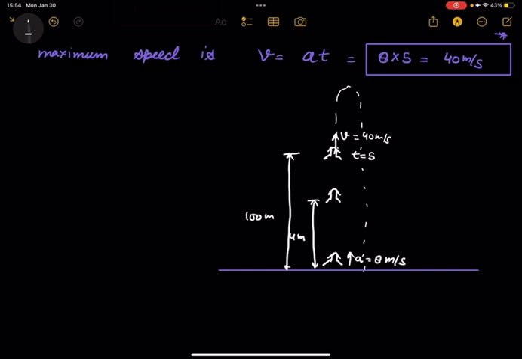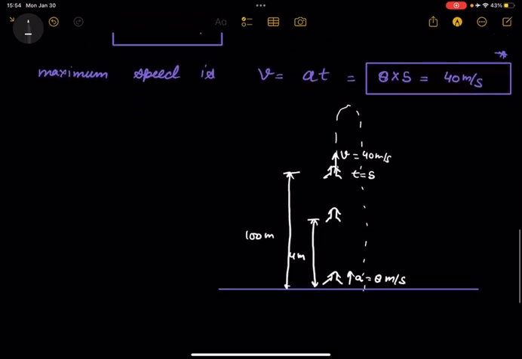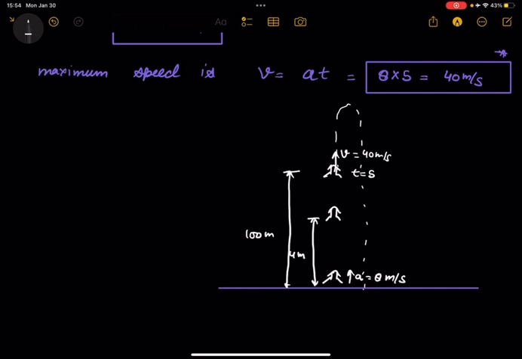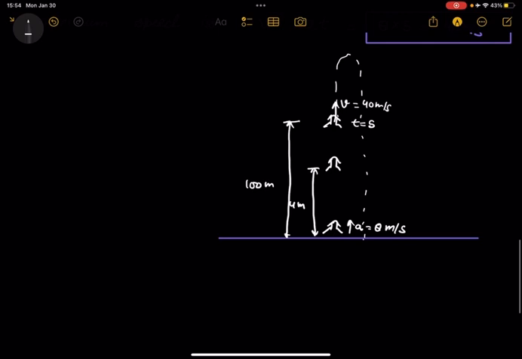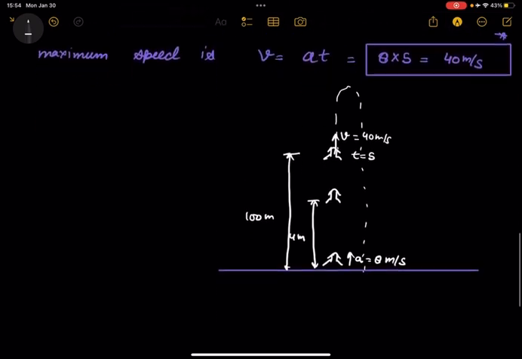Simply, we apply the second equation of motion, with upward direction positive and downward direction negative.